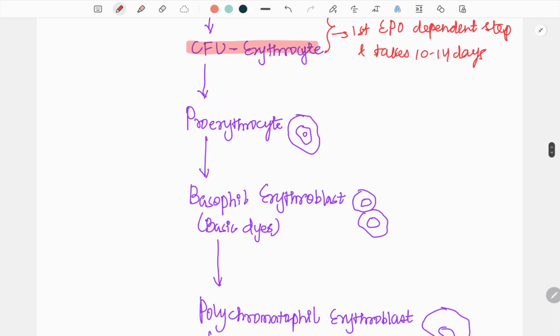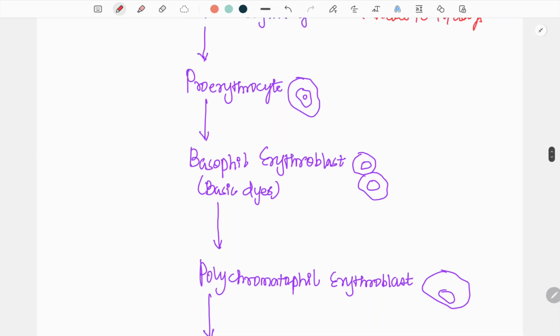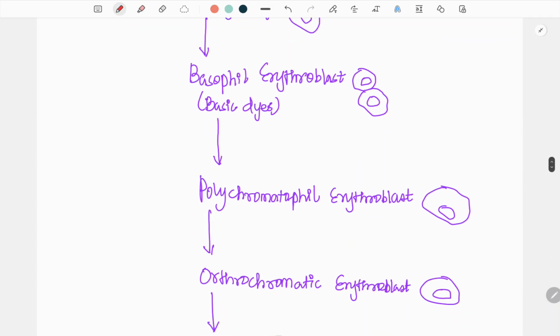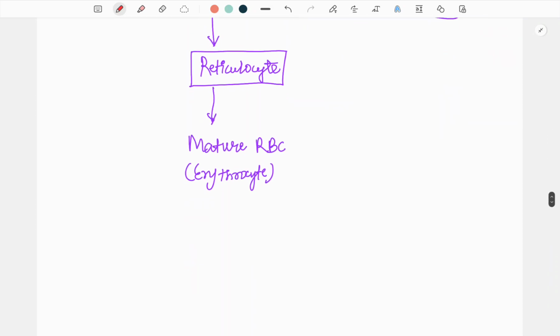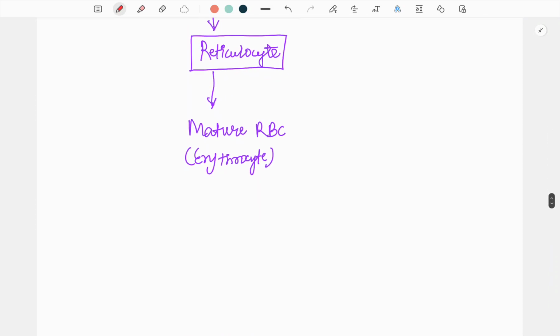Now third thing, again very important, regarding reticulocyte. Mature reticulocyte lacks nucleus.